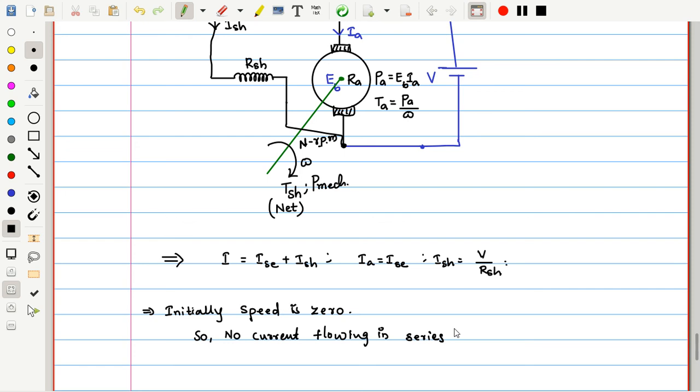If the machine rotates, there will be a mechanical load, thereby demanding some amount of armature current. So no current is flowing in the series winding, that is, IA is equal to ISE is equal to 0. If ISE is 0, can I say the field flux produced by the series field winding is 0?